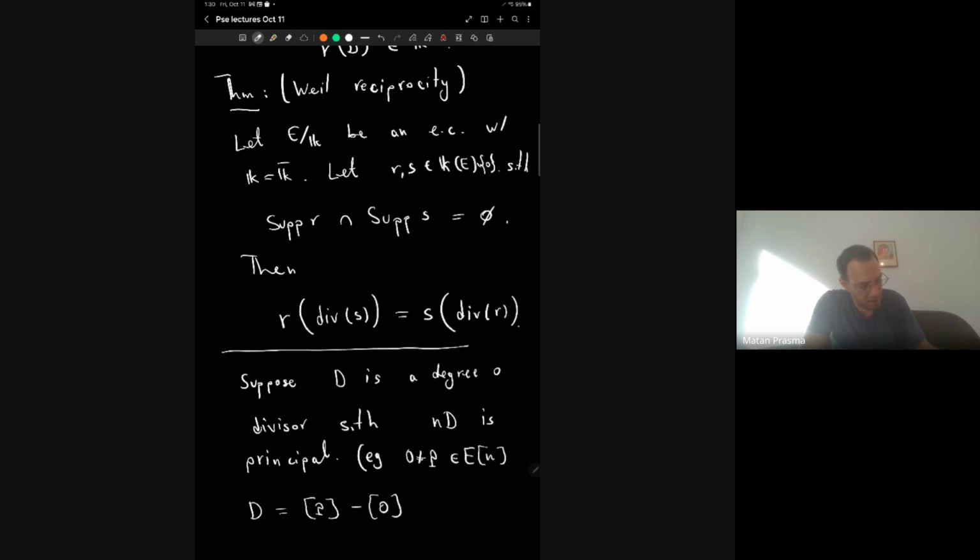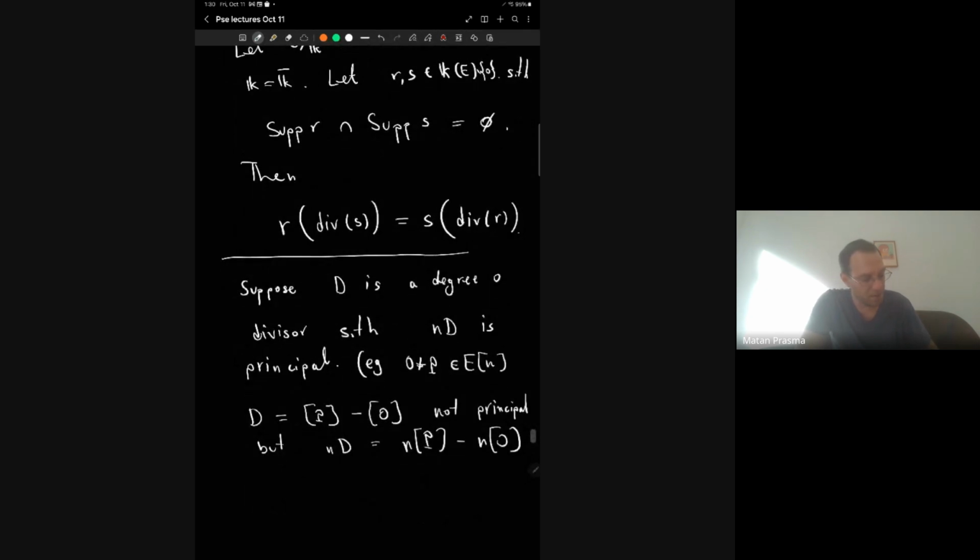But ND is NP minus NO, and this is a principal divisor, right?